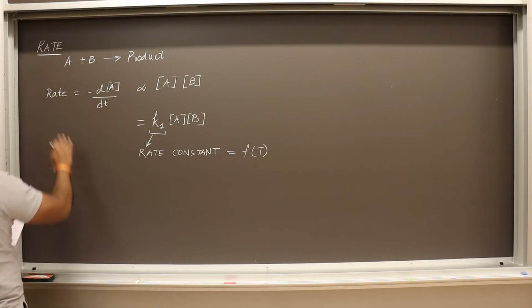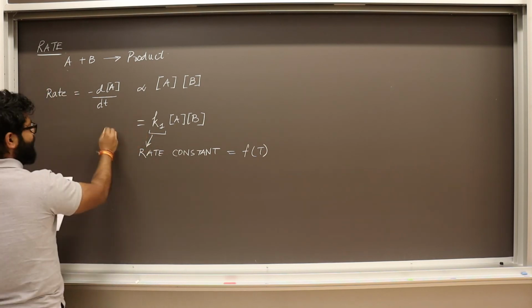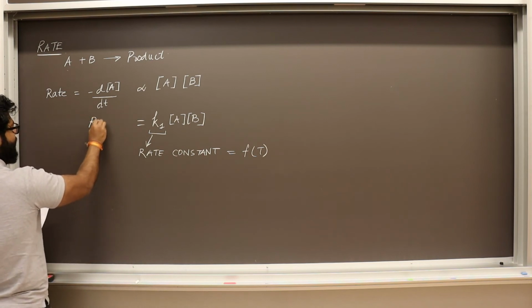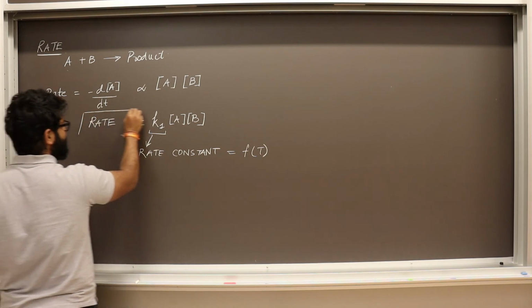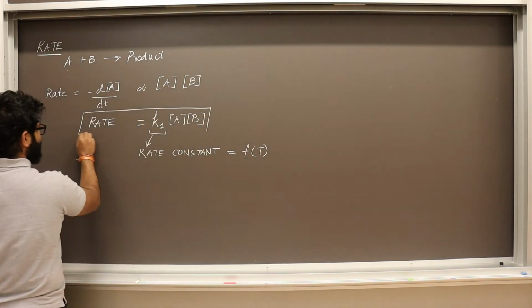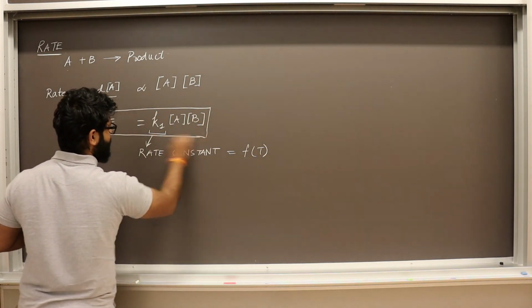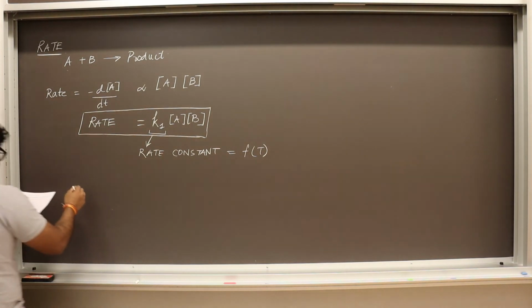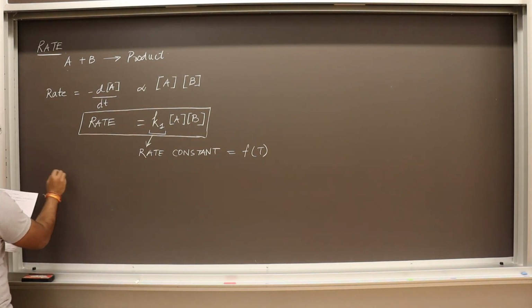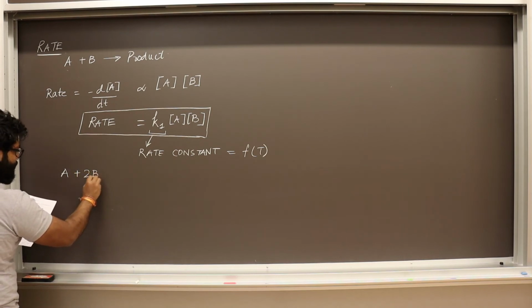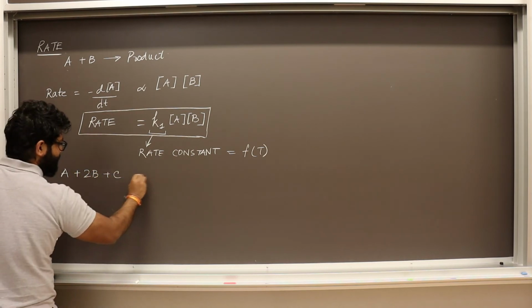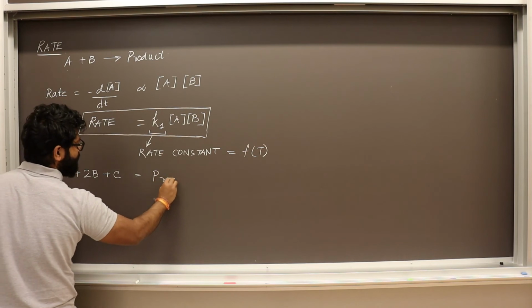So if you have this reaction, how will you write the rate law, right? This is how you write the rate. So this becomes your rate. Now, say you have a reaction like A plus 2B plus C giving you the products.